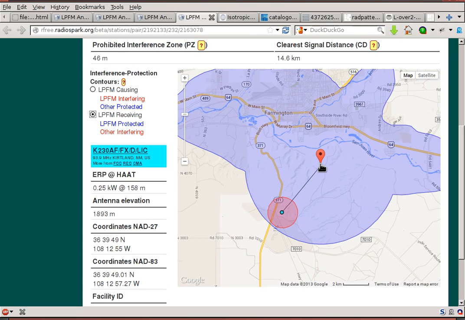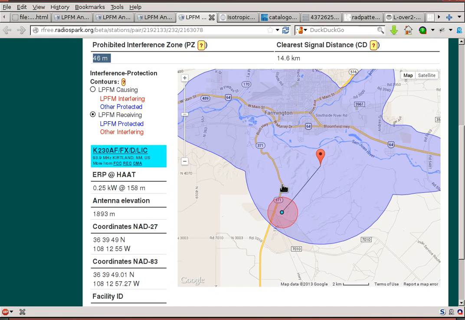Okay, so we moved a couple kilometers closer. Now the prohibited zone is 46 meters. Obviously, you could move this to right on top of the other station, and the prohibited zone would shrink to nothing. That's sometimes what you might need to do, but it's probably not as recommended as staying some distance away if you possibly can.